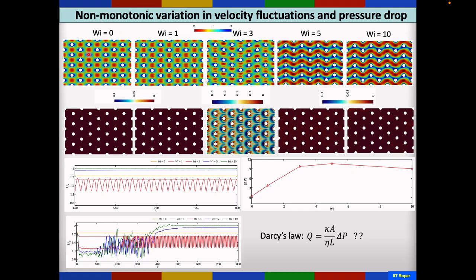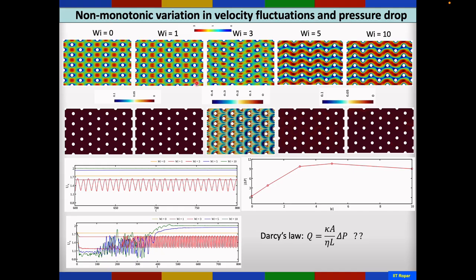You can see a very ordered flow state within the flow setup. But as the Weissenberg number gradually increases, you can see how the flow becomes distorted. For instance, at Weissenberg number 3, the flow becomes chaotic and fluctuating in nature. If you increase the Weissenberg number further to 5 and 10, you can see the formation of some preferential paths through which most of the fluid passes.